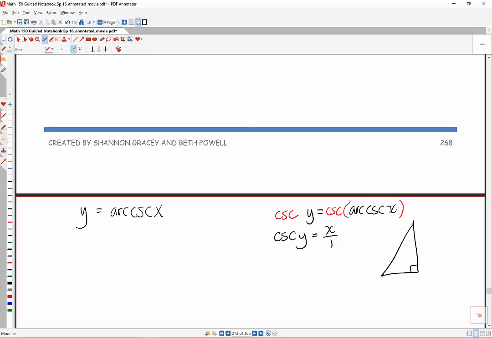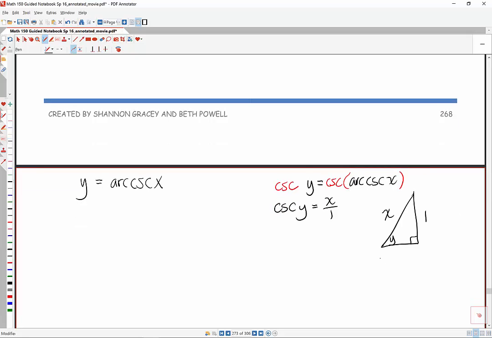We'll have our angle is y, and then the cosecant function is the hypotenuse over the side opposite, and so this will end up being the square root of x squared minus 1.